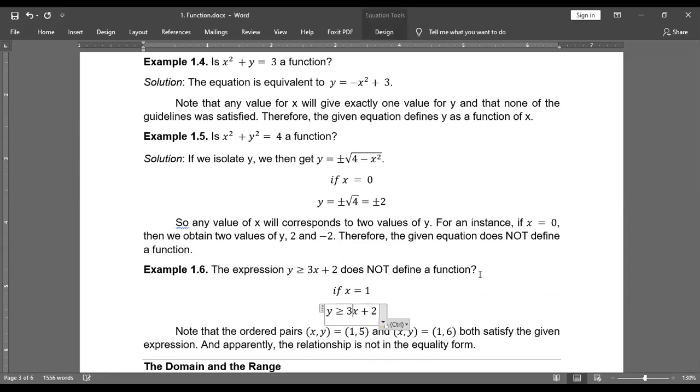So we'll be using, x is now 1, and 3 times 1 is 3. 3 plus 2 is 5. Okay? So our y daw could be equal to 5. So pwede siya. Y is equal to 5. So our first ordered pair is 1, 5.